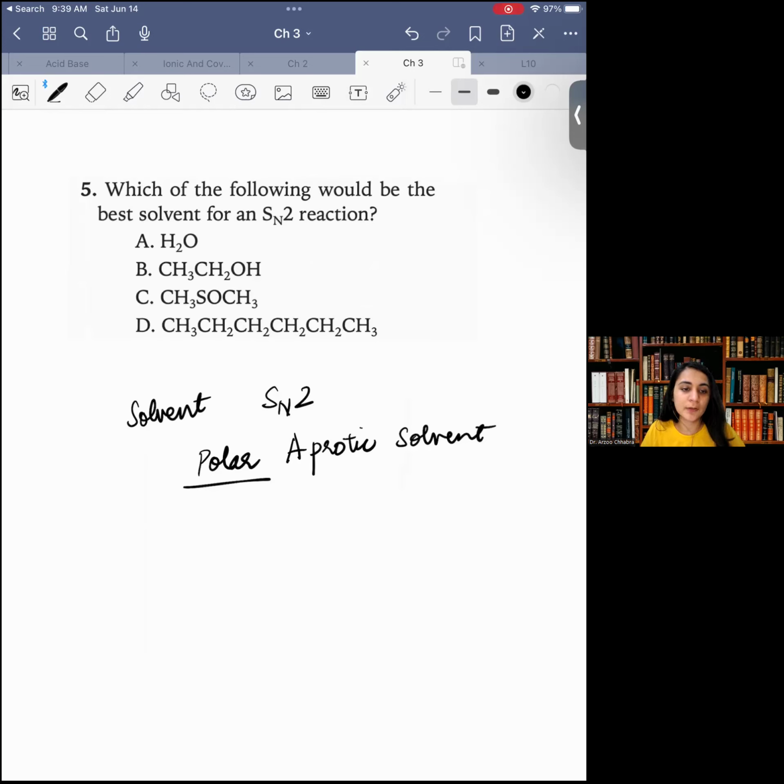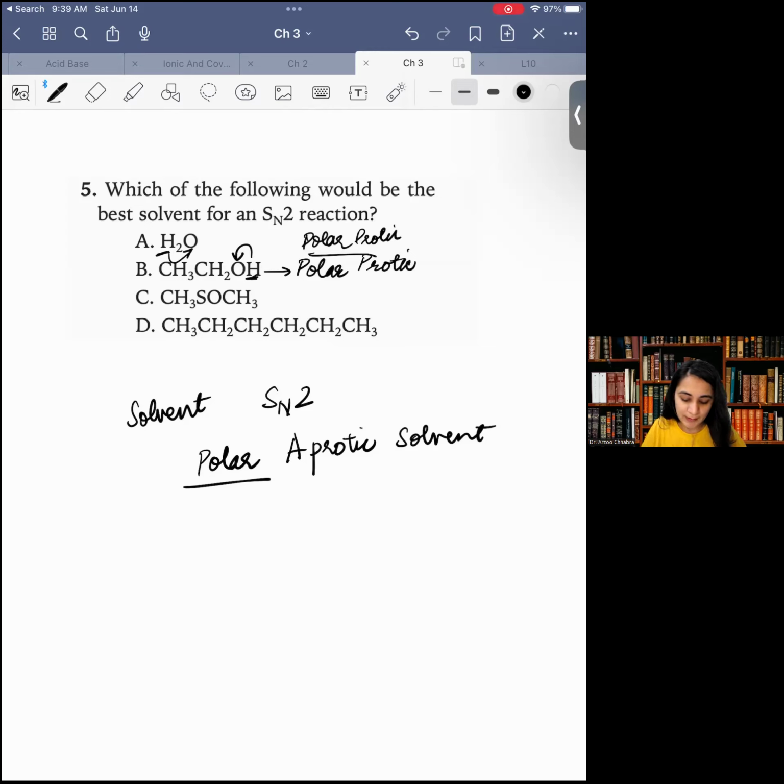You can't just get away with having an apolar solvent. So you have to have a solvent which is polar. So this is polar protic, right? Because there's a hydrogen which is present on electronegative oxygen. This one is also polar protic because the hydrogen is actually present on an electronegative atom.